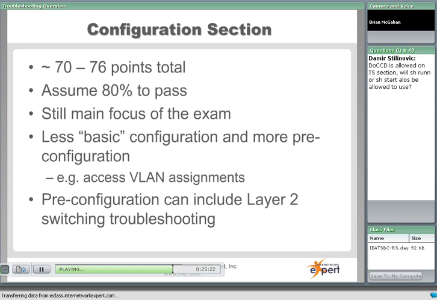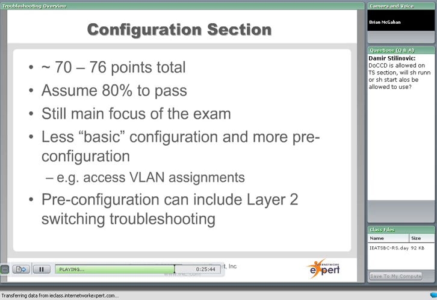Now the pre-configuration, this is where our layer 2 Ethernet switching troubleshooting is going to come in. So if they are pre-configuring VLANs, VTP, trunking, EtherChannel, spanning tree, whatever, there definitely are going to be potential issues that we need to find and resolve in order to get the rest of the configuration functional.